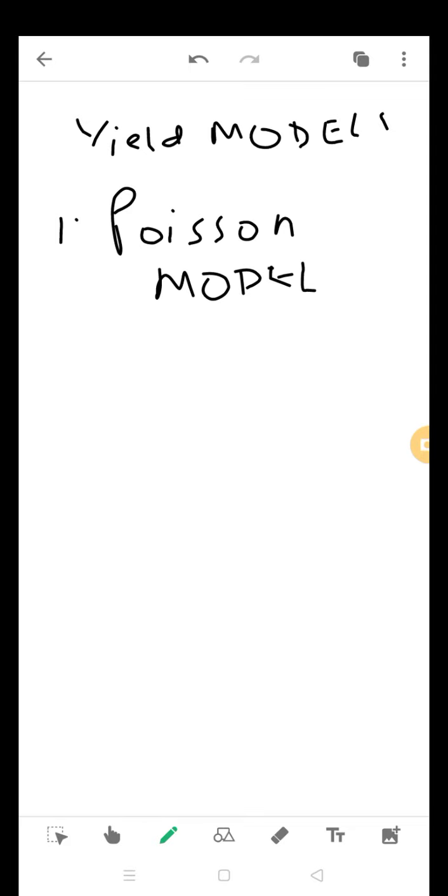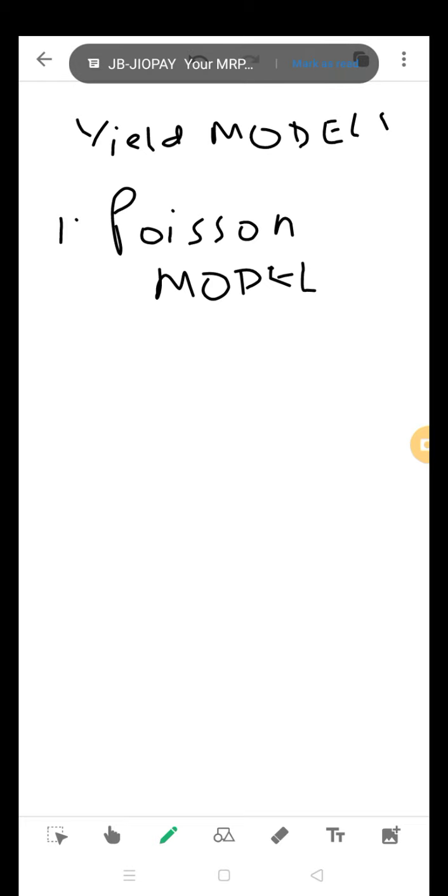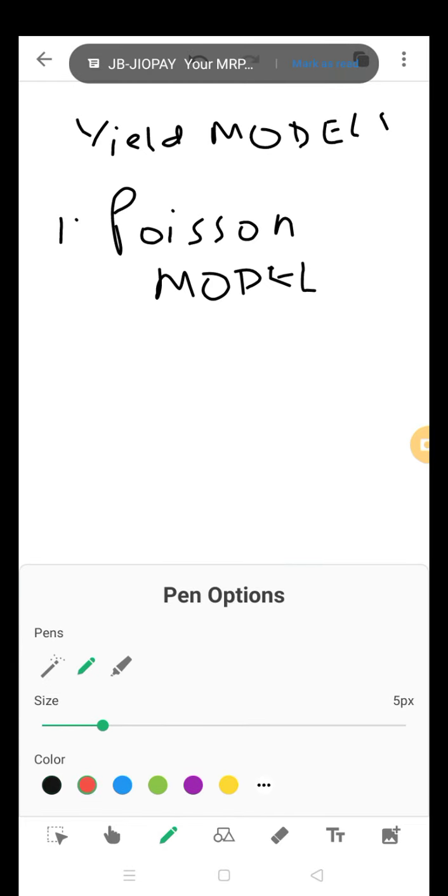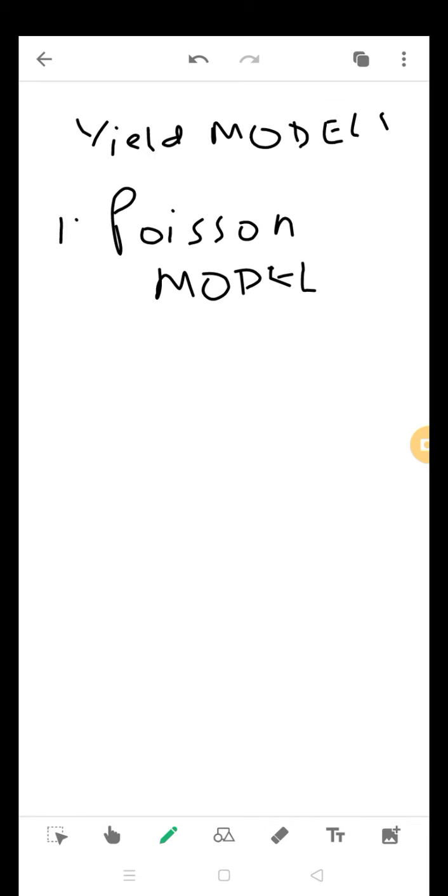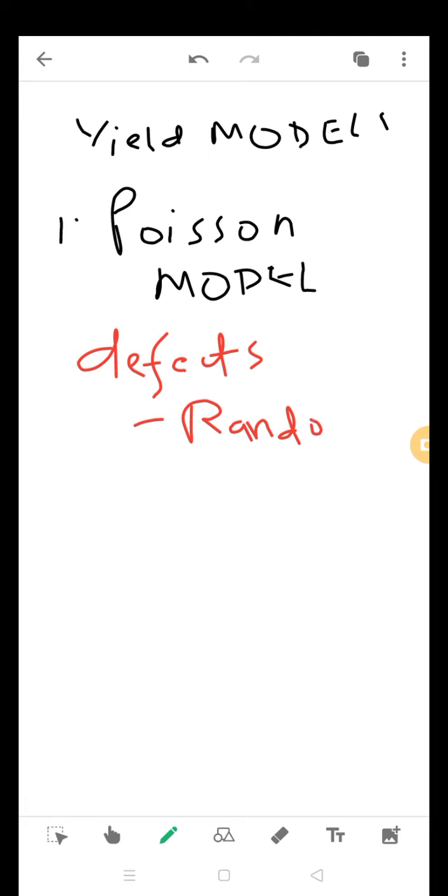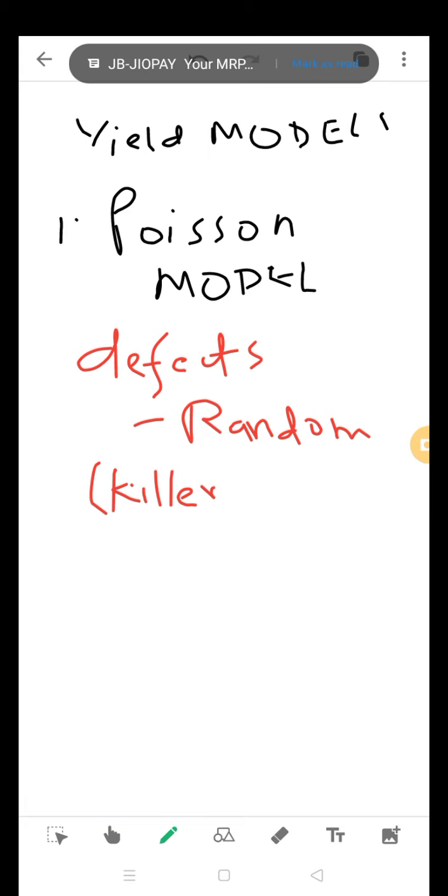It actually assumes that the defects in the wafer are random, which is in fact not the case, but it assumes so, and these defects are basically the killer defects, or the defects which are detrimental to the performance.